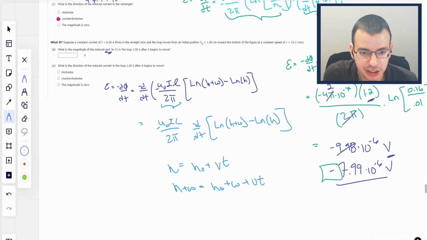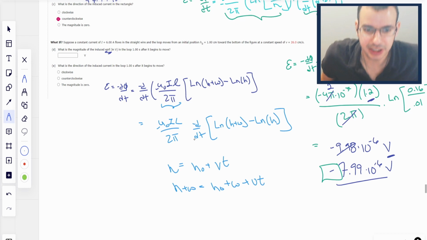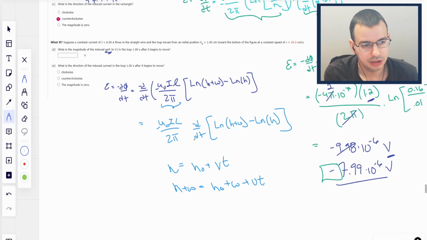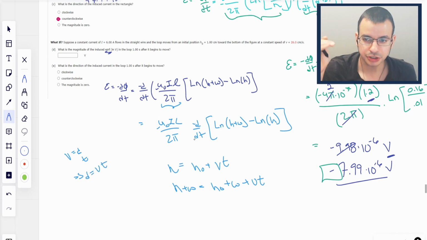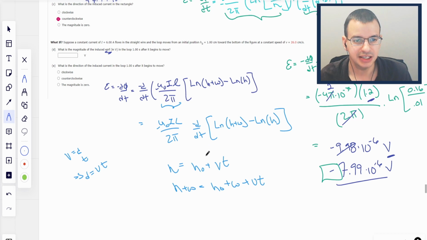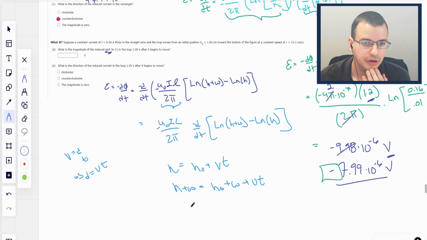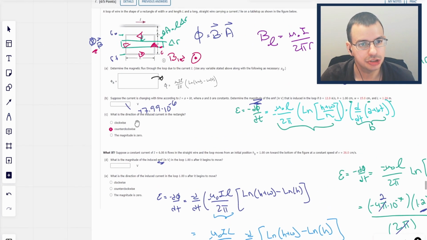The idea here is this velocity times time: velocity equals distance divided by time. Therefore, the distance is going to be velocity times time. So that's going to be the distance that we have for how far away these 2 points are.